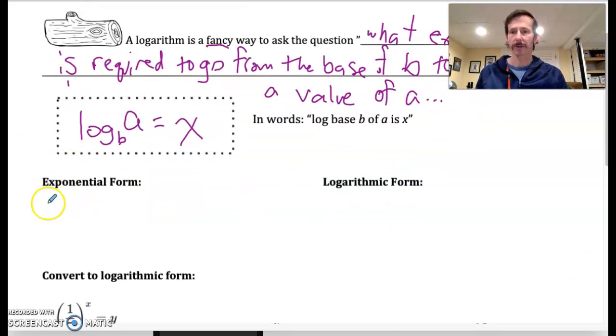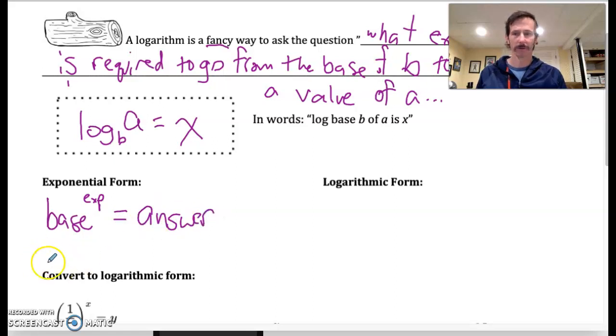So in exponential form, just in words, we had a base. That base had an exponent, and when we raised that base to that exponent, it was equal to some answer. And in notation, we would say there's my base, I raise it to some exponent, and it equals my answer.